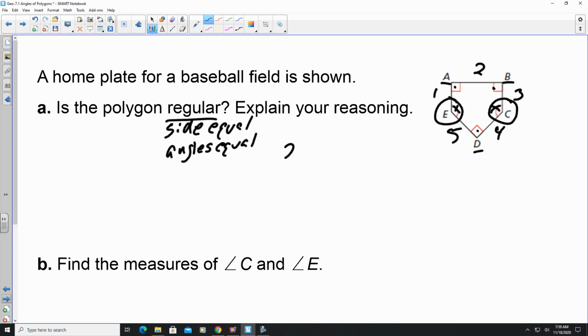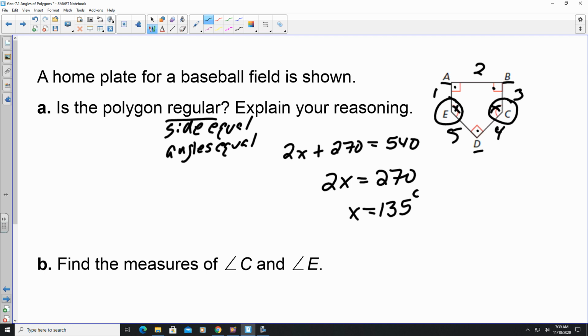So essentially this is going to be 2x plus 270 equal to 540. Subtracting 270 from both sides, I got 2x is equal to 270, and then divide everything by 2. X is 135 degrees. All right, 135 is not 90.